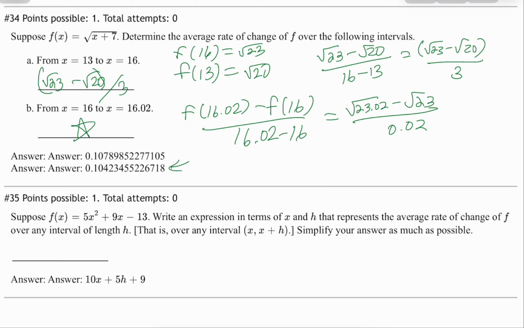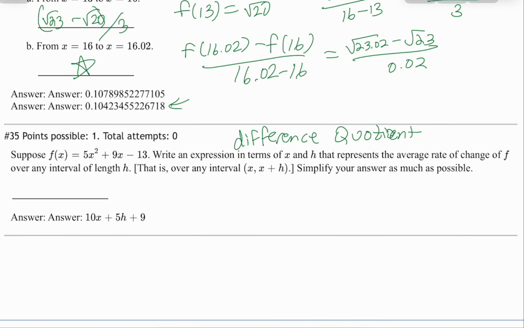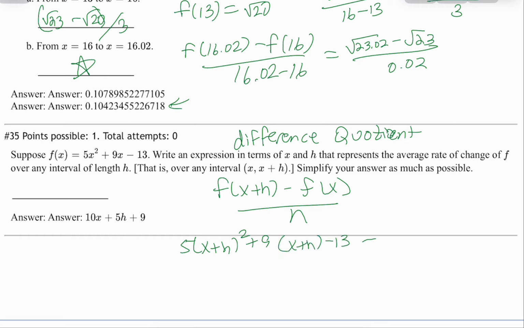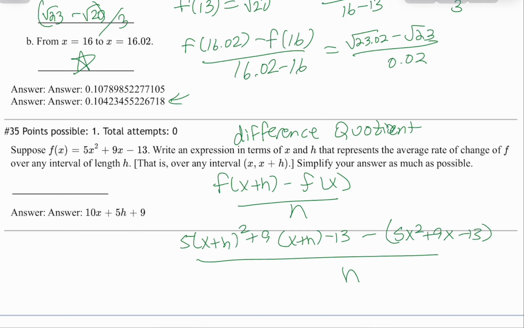And then 35 is just the difference quotient. So anytime they use that x plus h notation, we're going to do f of x plus h minus f of x all over h. So we're going to do 5 times x plus h squared plus 9 times x plus h minus 13 minus, in parentheses, our original function, all over h.